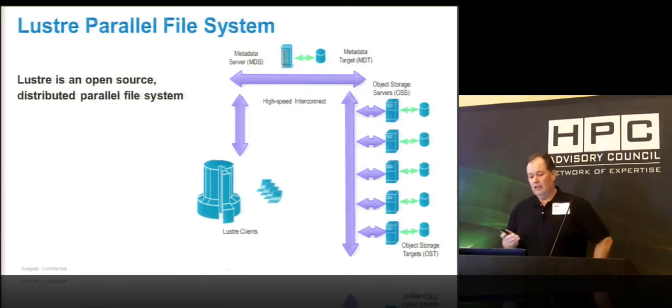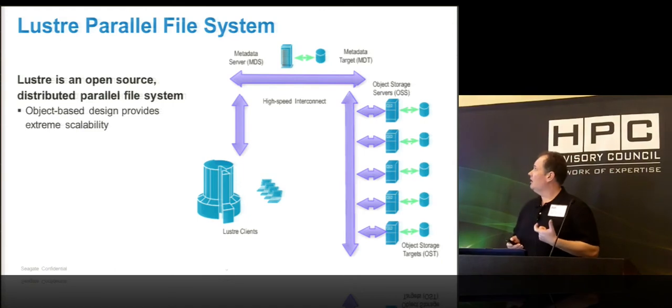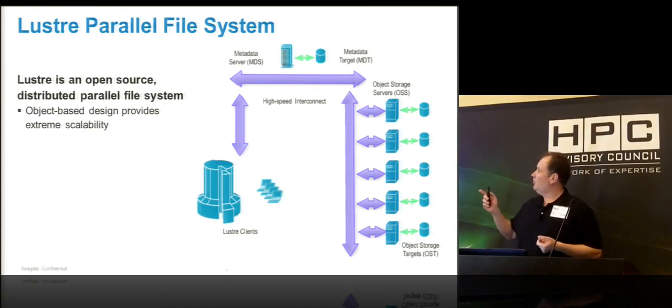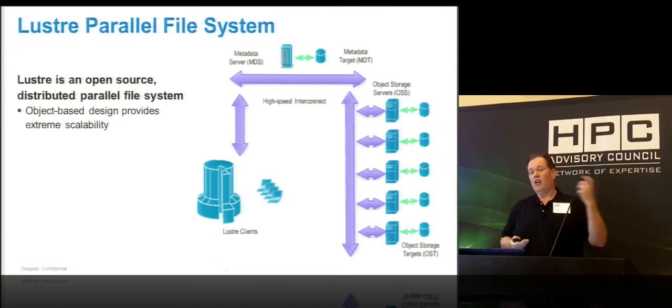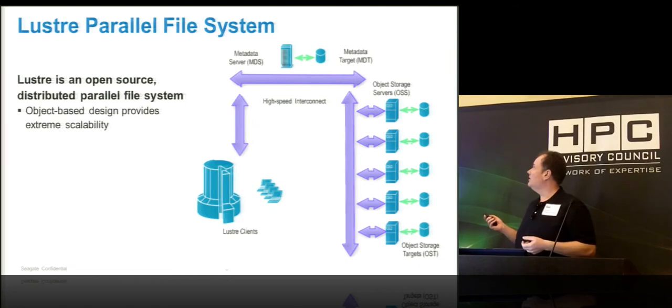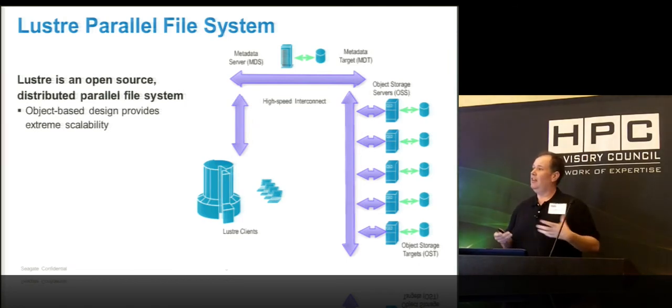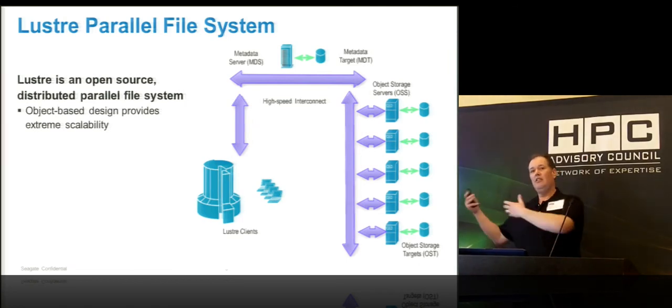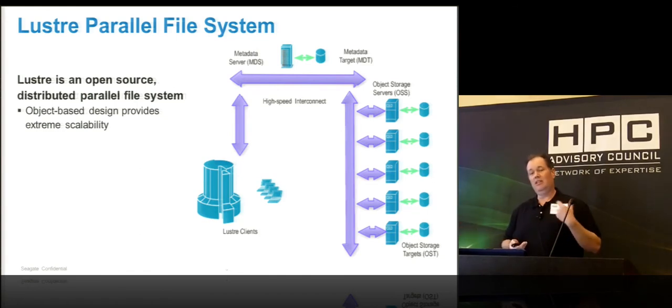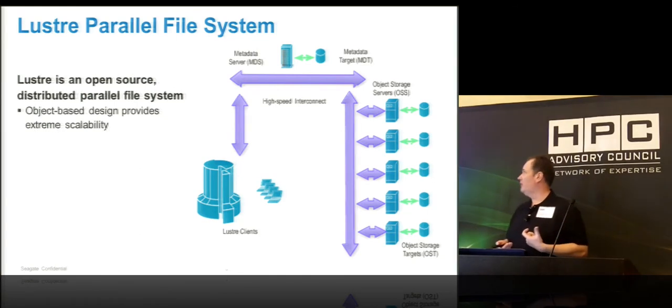So Lustre is an open source, distributed, object-based parallel file system. And by object-based, I mean that communication between the clients and our storage servers, and you can have a large array of storage servers, you're able to pass the data across the network to the storage servers, handing off large streams of data to an object on the storage servers, which is going to be different than a block-based storage system.